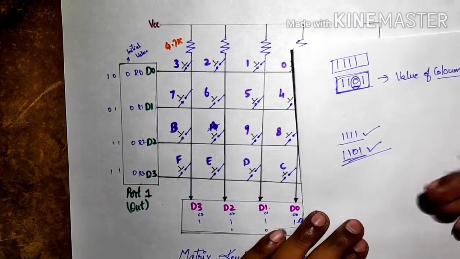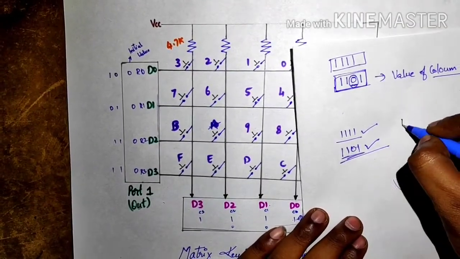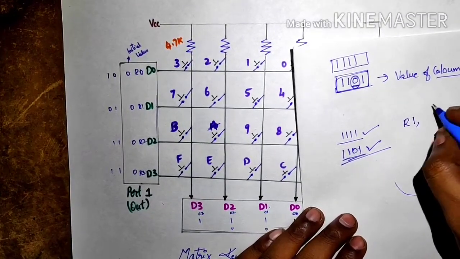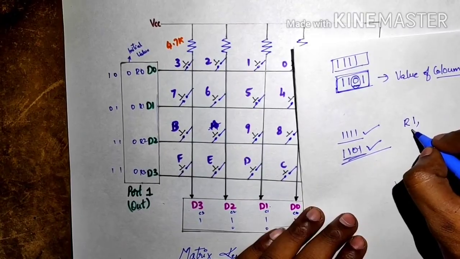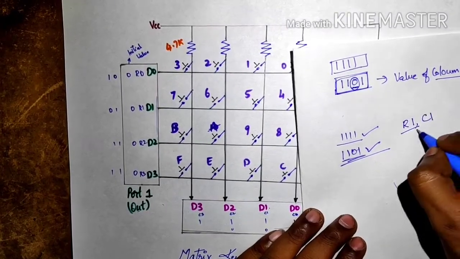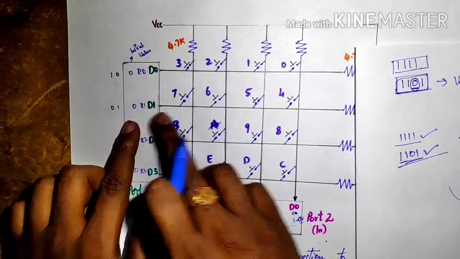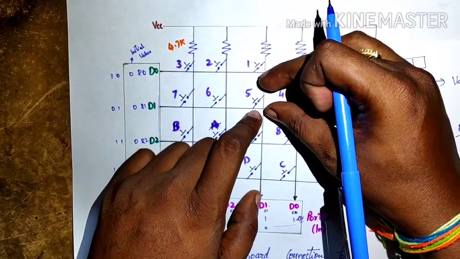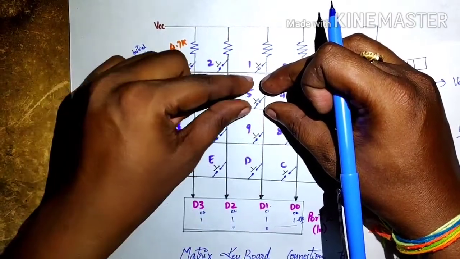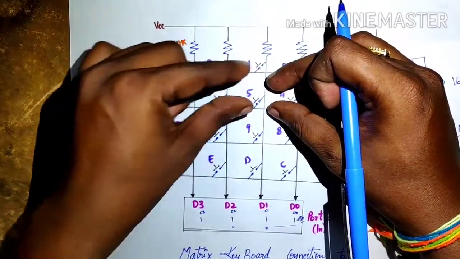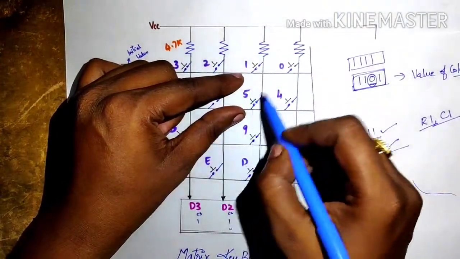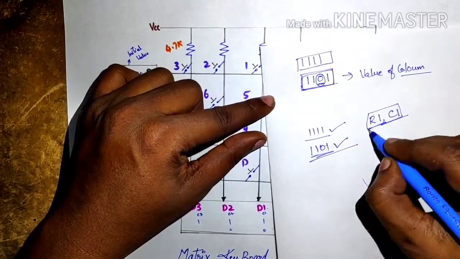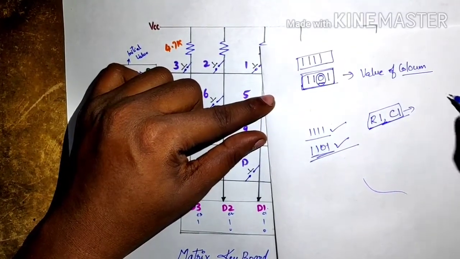Now the microcontroller will confirm that the particular key belongs to row R1 and column C1. So now it will clearly identify the particular digit. Then it will fetch the ASCII value of this particular key. The intersection point of R1 C1 will be assigned an ASCII value.